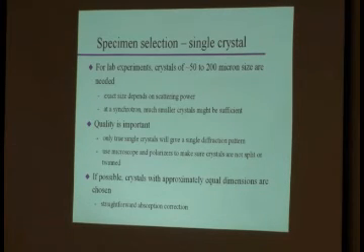Only true single crystals will give a true single crystal diffraction pattern. Okay, that's a no-brainer, right? But it's a very important statement to keep in mind, because you wouldn't believe how many times people mount something that is not a true single crystal. What do you get? Overlapping diffraction patterns, okay?